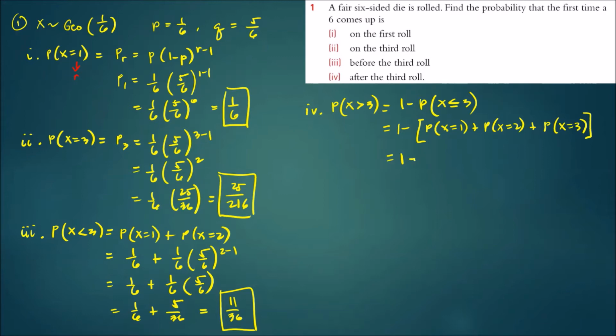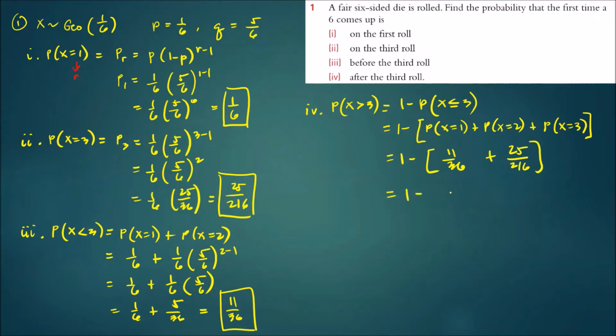So that is 1 minus, and we already computed X equal to 1 plus X equal to 2. That is this one, 11 by 36. And the probability that X is equal to 3, we also computed in II, so that is plus 25 over 216.